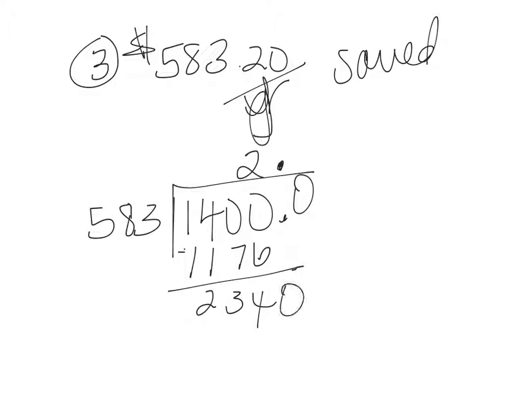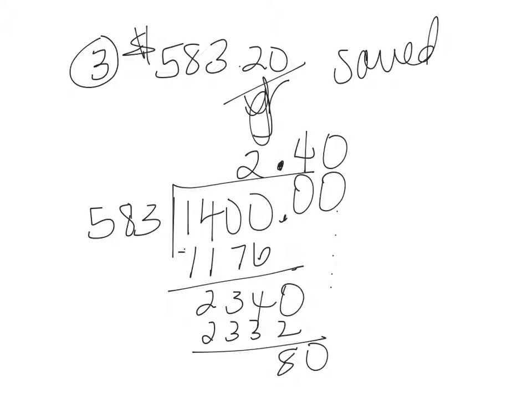Decimal here, drop the 0 down. This goes in about 4 times. 4 times 583 is 2332. I'm going to subtract. I'm going to get an 8. I'm going to add a 0 up here. I'm going to drop it down. And this would be a 0 here. And so we can round.